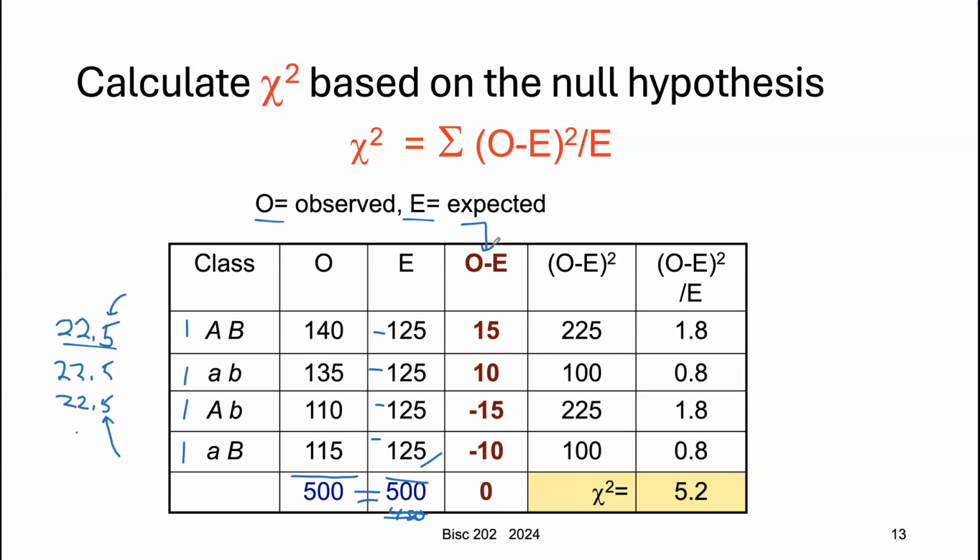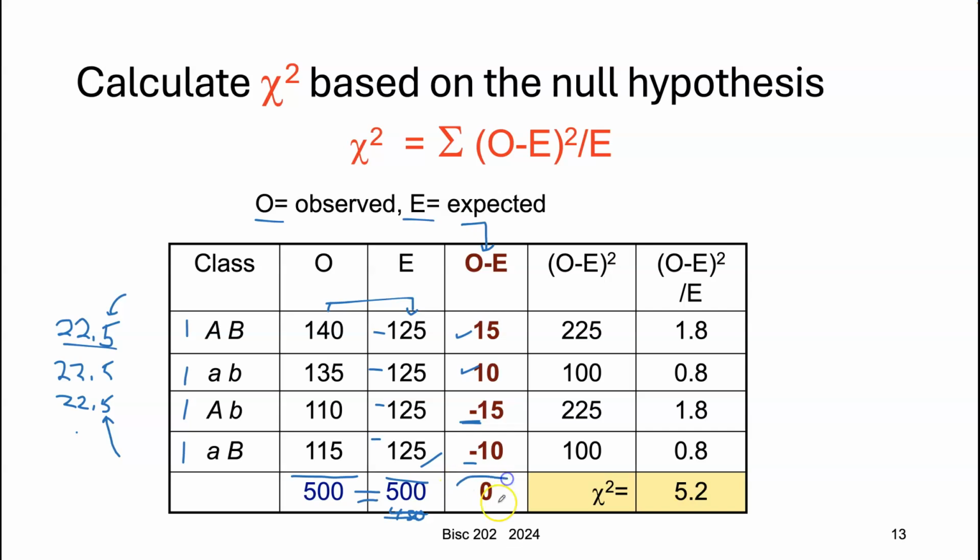And even now, I've been doing these kinds of tests for years, but I always put it into a little table or a little scaffold because it helps me keep track of what I'm doing. It helps me make sure I've done my calculations correctly. So you take the observed minus the expected, in this case 15, in this case 10, in this case minus 15, that minus is important, and in this case minus 10, right?